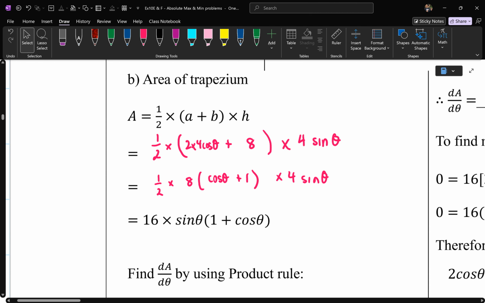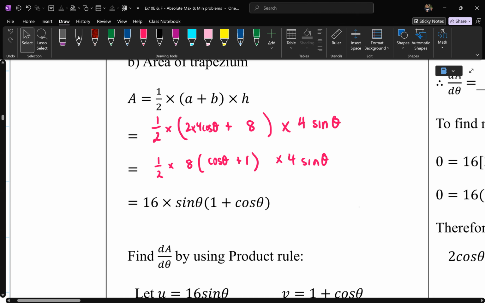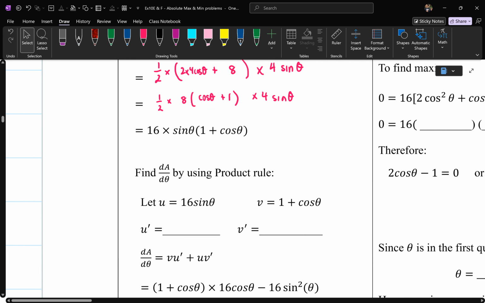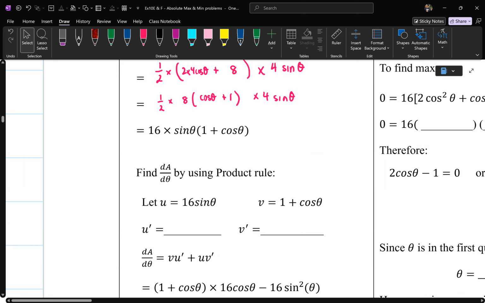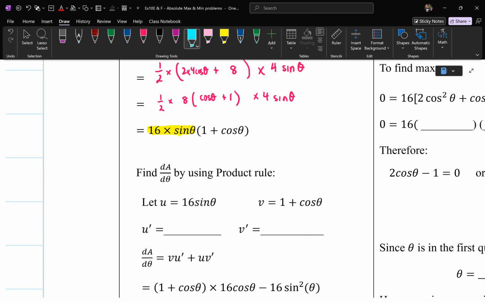We're trying to find the maximum area that this trapezium can have. So the max area would be when dA by d theta, so that's the area function in terms of theta, equals zero. So dA by d theta, you're going to have to use the product rule, because I can see that it's the product of 16 sine theta times 1 plus cos theta.